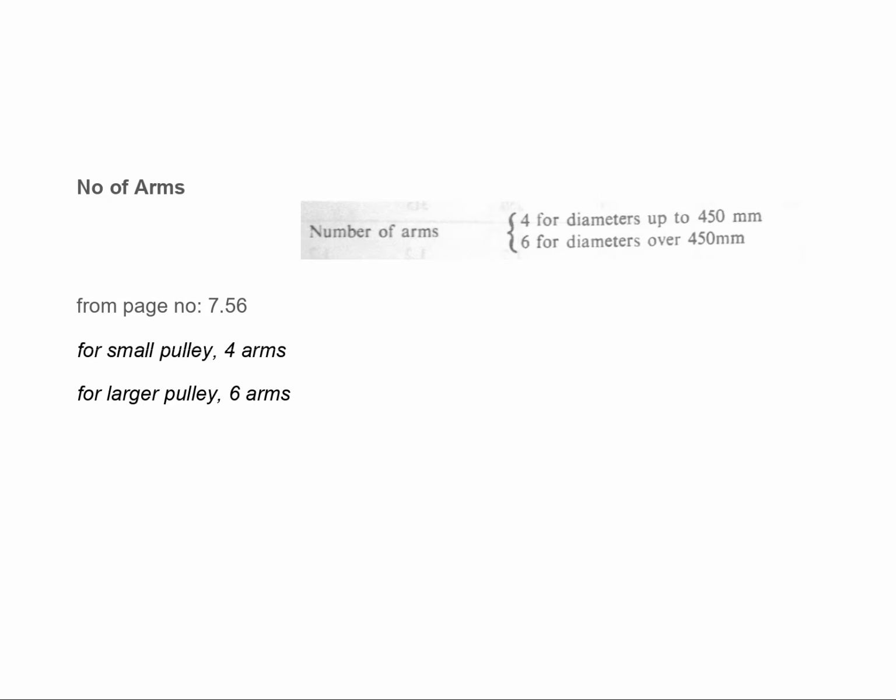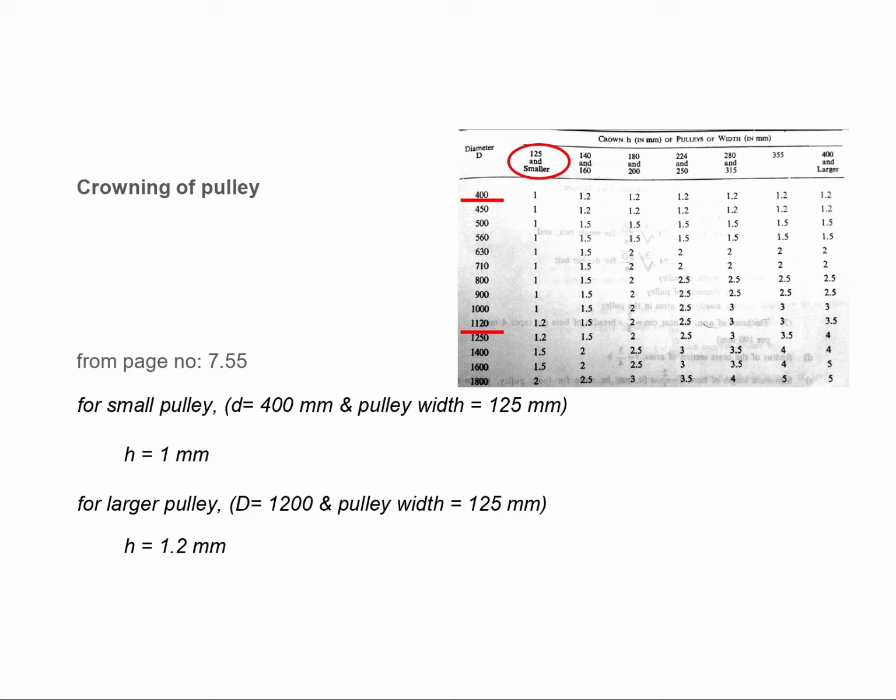Then crowning of the pulley. For the smaller pulley, diameter equal to 400 mm, pulley width equal to 125 mm. Corresponding to these two values, we have to find the height at the middle of the pulley, that is crowning.